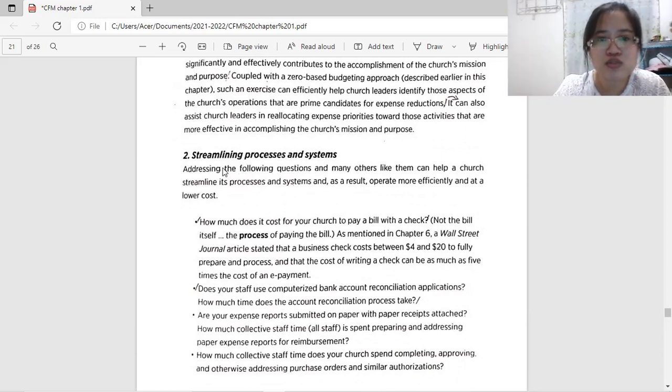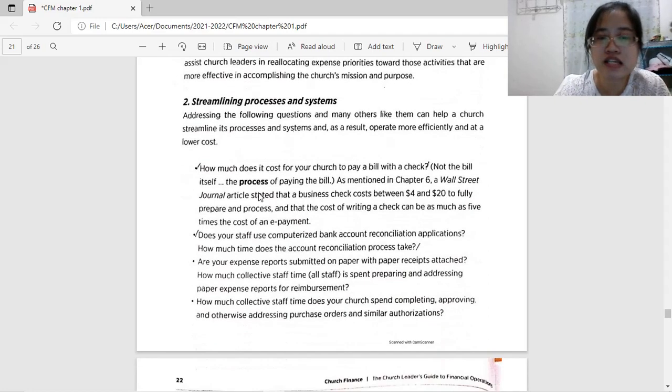Okay, second one will be streamlining processes and systems, efficiency and effectiveness of the systems. Have to check whether something is working. Are we really going to be able to save up on this, or would eliminating it only cost us more in the long term?